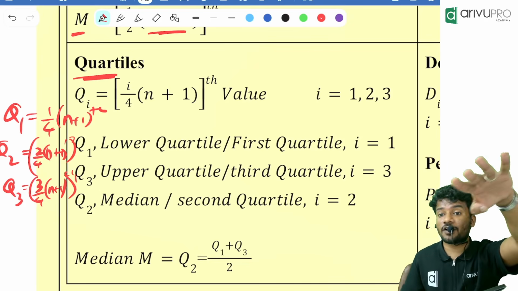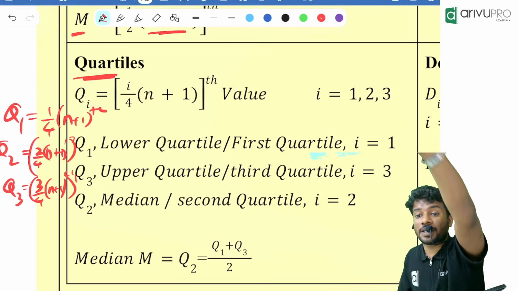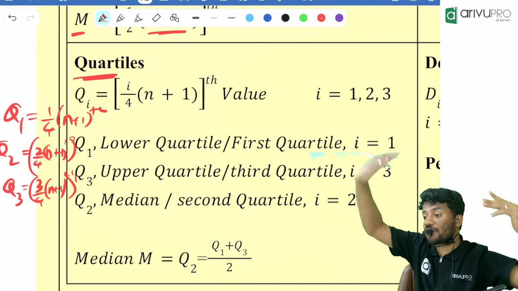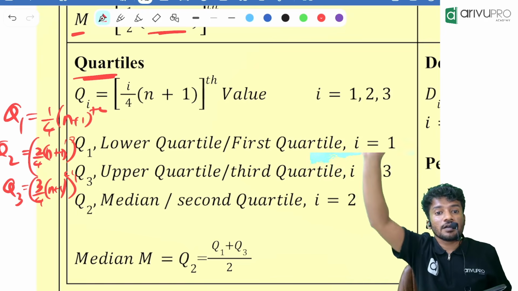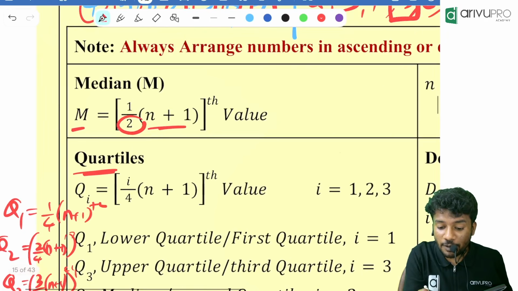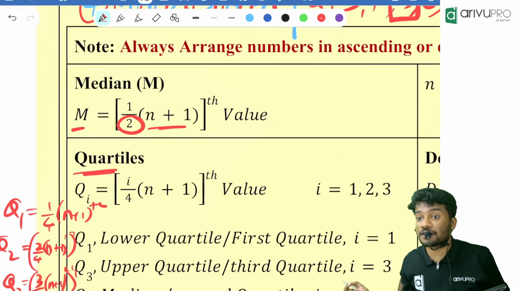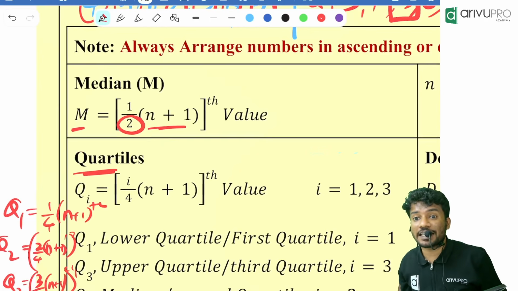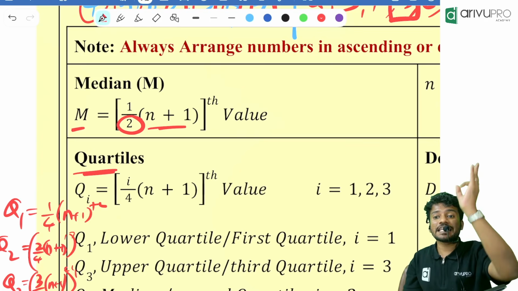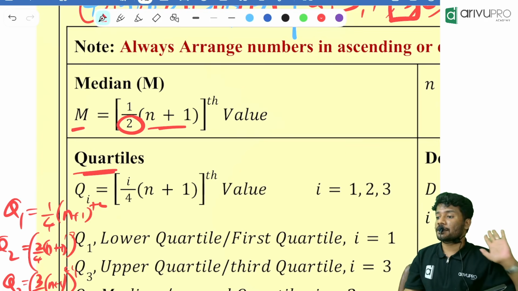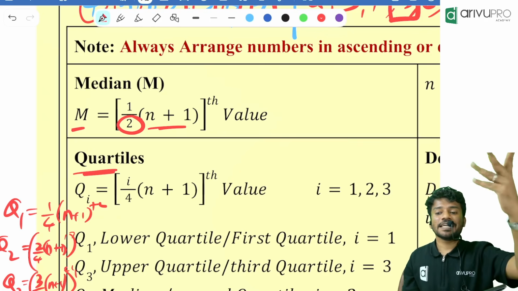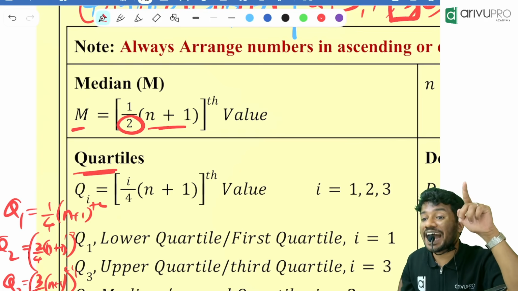What is there in the denominator? 4 is there in the denominator. Why is 4 in the denominator? Because in quartile, we are dividing the data into how many parts? 4 parts. Why is there 2 in the denominator for median? Because we are dividing it into how many equal parts? 2 equal parts. Then can anyone tell me the formula for decile? It will be i by 10 into (n plus 1)th value. Why i?